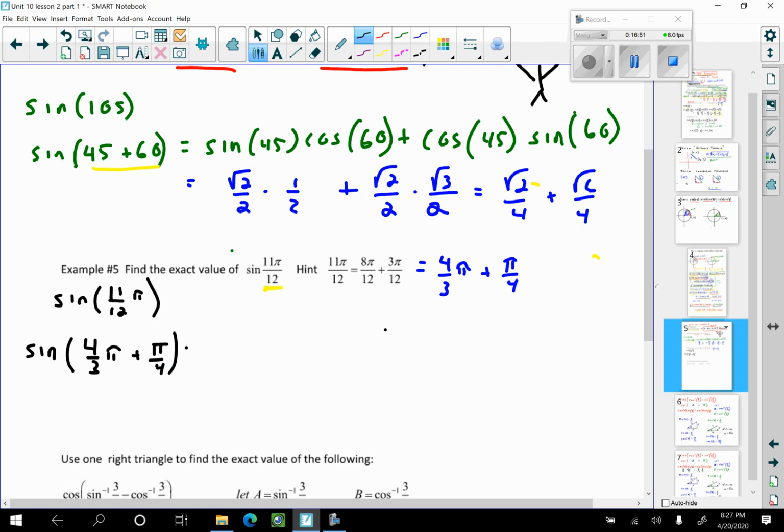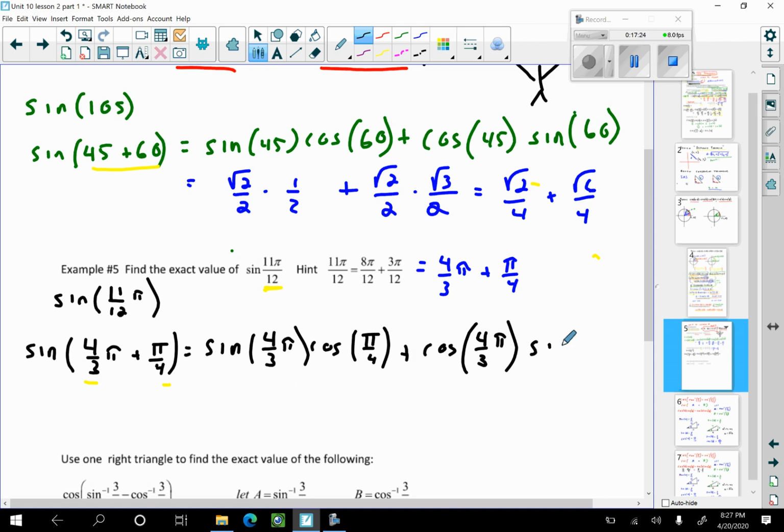And I'm going to use the formula because I know these nice angles. This is going to be sine of the first angle, cosine of the second angle, plus cosine of the first angle, sine of the second angle.